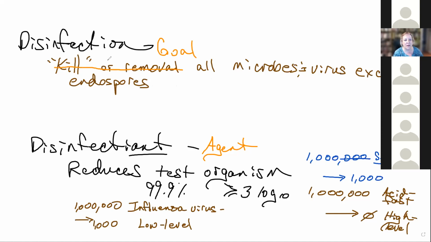So we'll put reduction in there. It doesn't say kill. Yeah, because you don't necessarily have to kill them. You just have to show that you've reduced the numbers, and it can be by kill or removal. Because both of those would.